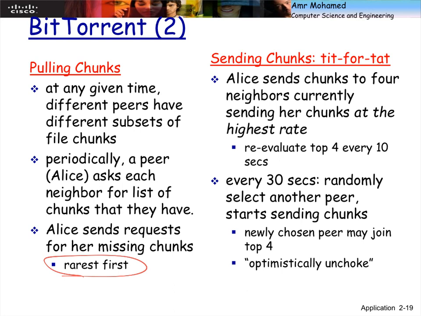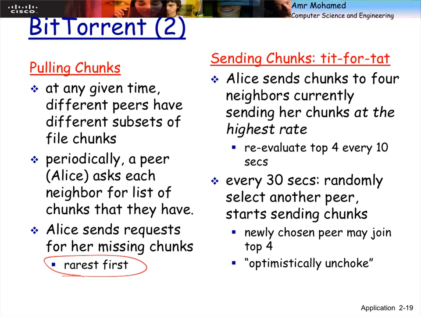Okay, so in terms of sending chunks, it's based on reciprocation. If someone is serving you in a very good manner, I should reciprocate. So Alice sends chunks to the 4 neighbors currently sending her chunks at the highest speed. I need to be a positive person. Whoever is serving me the most, I will serve him first.